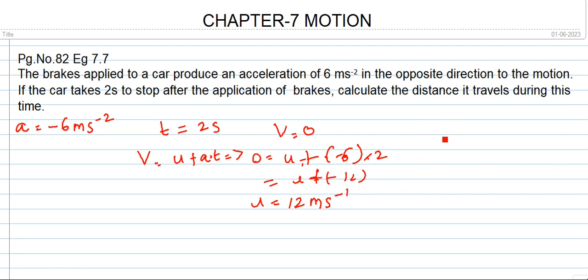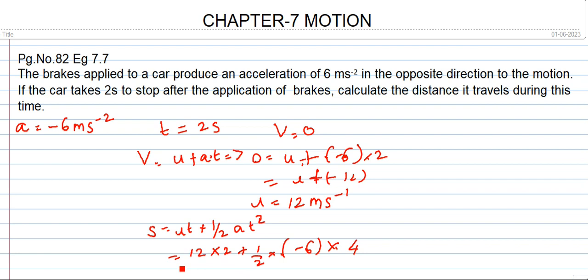From this we can calculate the distance, from the formula s is equal to ut plus half at square. So we have u, which is 12, and the time 2 seconds, plus half into acceleration of -6 into t square, which is 4.